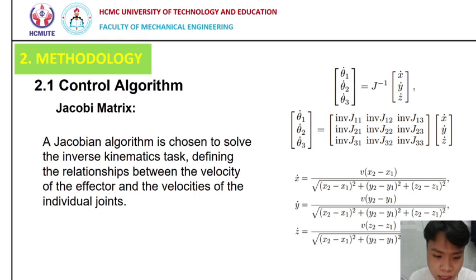The processor has to be fast enough to execute the inverse kinematic algorithm, drive the robot model, handle communication with the user, and even send data to an external computer in a reasonable time frame. In this respect, the inverse Jacobi matrix is a better algorithm, so we choose the Jacobi algorithm to use in this project.